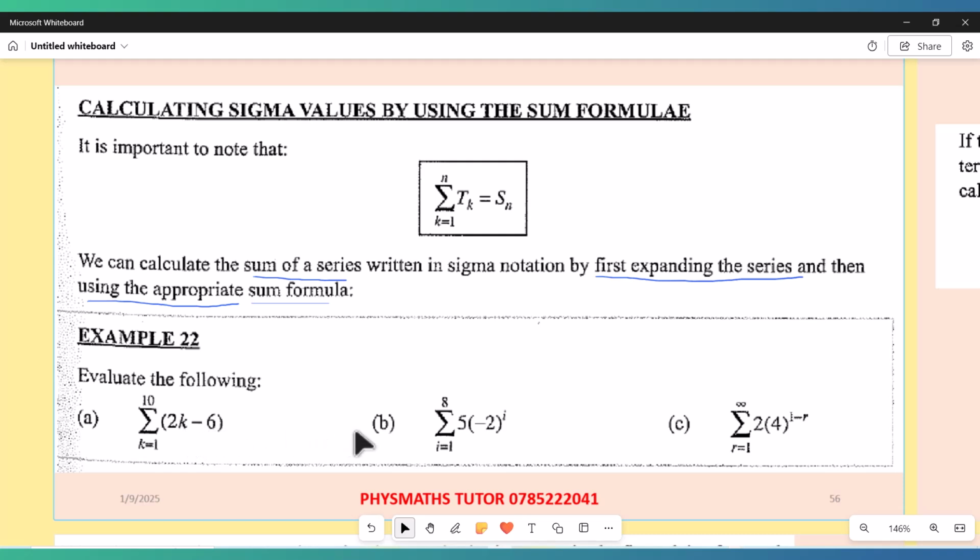If it has got powers, it is geometric. Then we are going to know the common ratio or the common difference. Then we're going to know the first term and also the number of terms. Then we can find the sum of those terms using the sum formula, which could be either geometric or arithmetic.